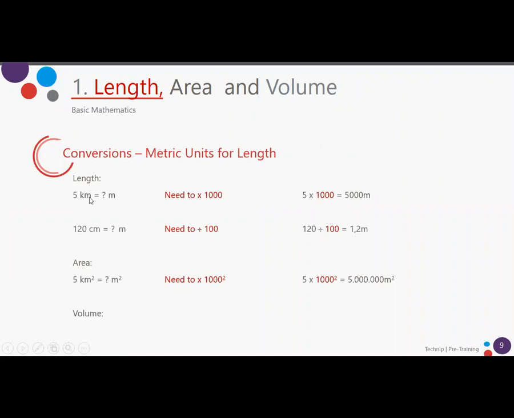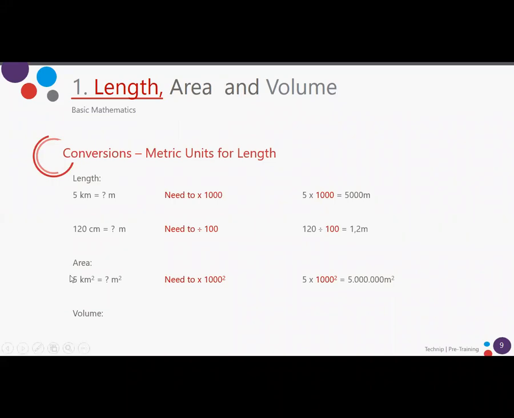So 5 kilometers or 5,000 meters. Centimeters. 120 centimeters, how many meters? Here we have to divide by 100. So 120 divided by 100 is equal to 1.2 meters.